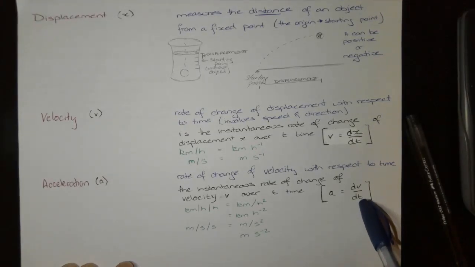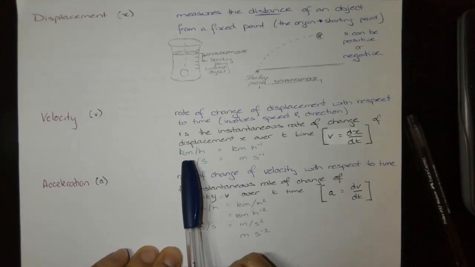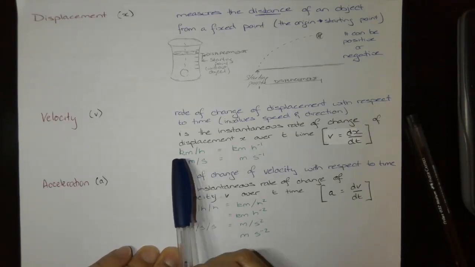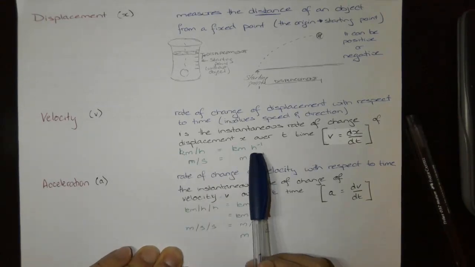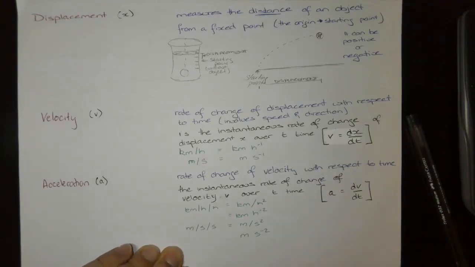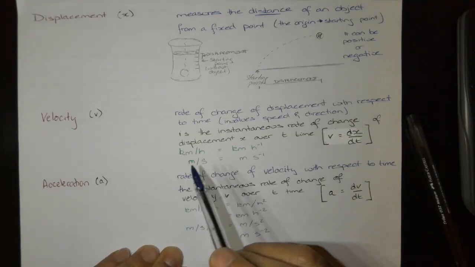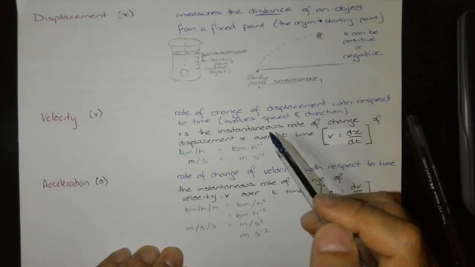Now we normally write rates like this, kilometers per hour or meters per second. You can also write that in index notation. So we can write this as km h to the power of -1, because it's normally written as km over h, and h as an index is h to the power of -1.